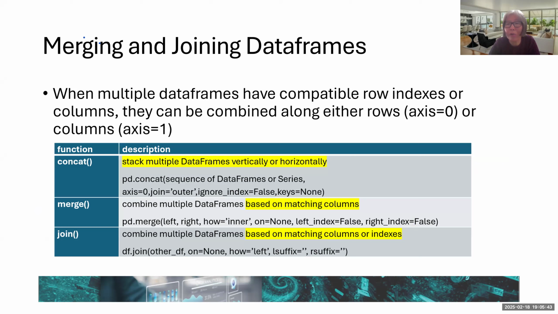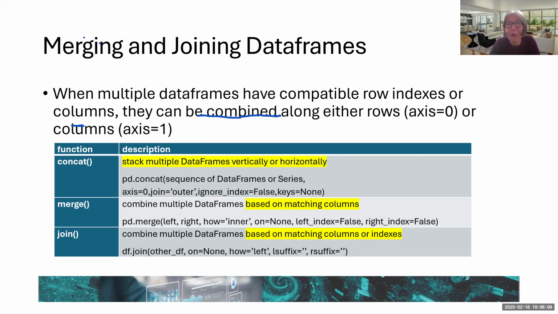You're not just going to deal with a single data frame. But there are some conditions: when you want to do merge and join, they need to have some compatible row index or columns, so that they can be combined.